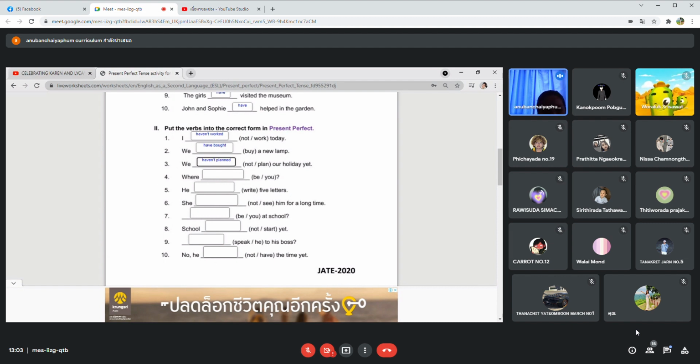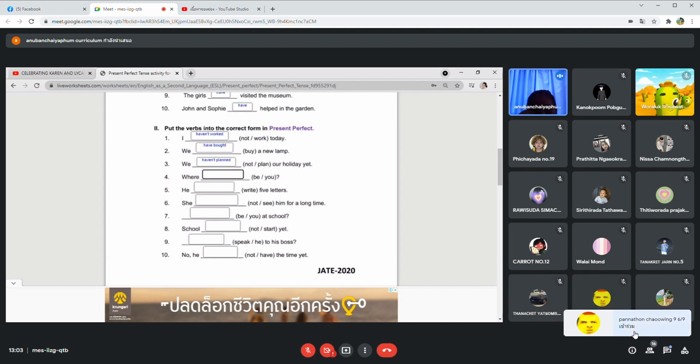Number 4. How about number 4? This one is interrogative. Where blank be you? Be means you have to change that into past participle. So, where, your subject is you. So, what should be your perfect tense?